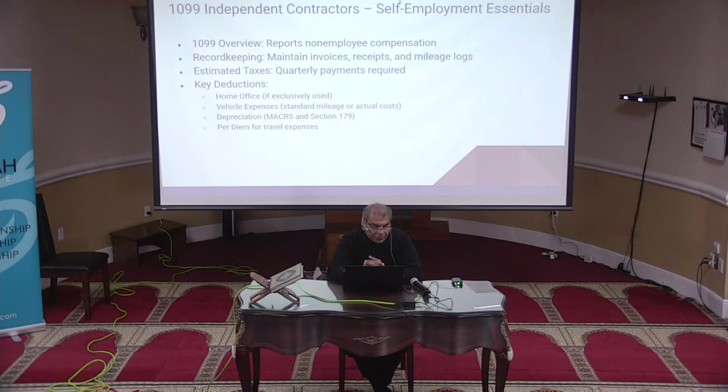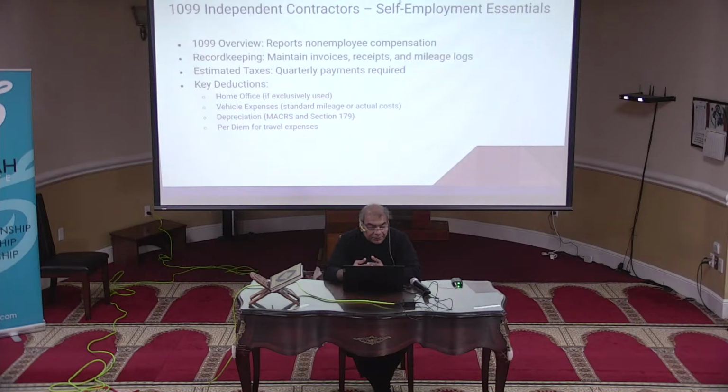Key deductions for a 1099 contractor are home office. Basically you have set some area aside for a home office, so you can deduct the expenses relating to that in terms of utilities and rent you paid. That is actually counted as a business expense. Also you have vehicle expenses.